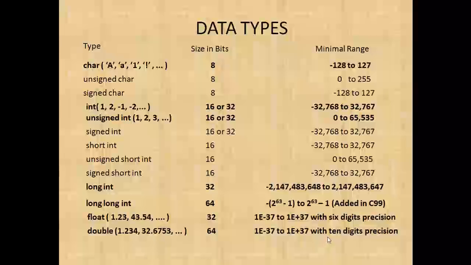If you need to represent any number having greater than 6-digit precision, then you can use double. So double can have 10 digits of precision after the decimal.